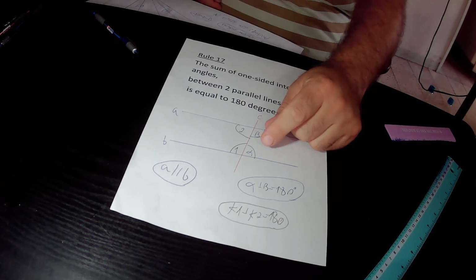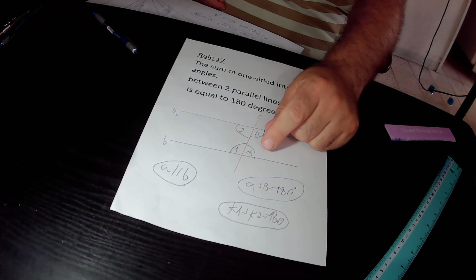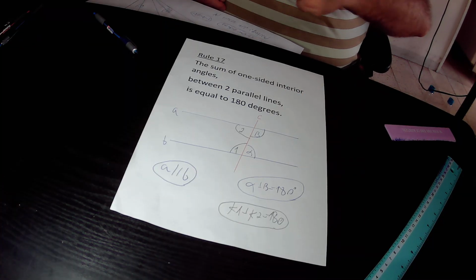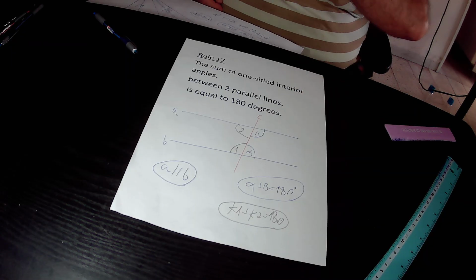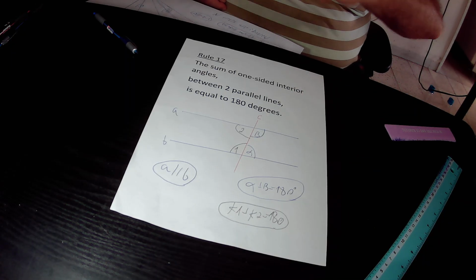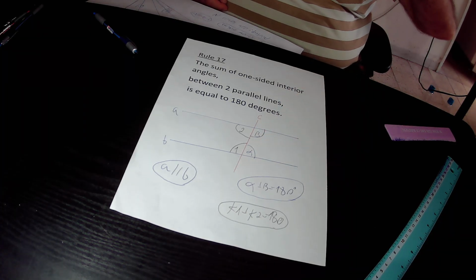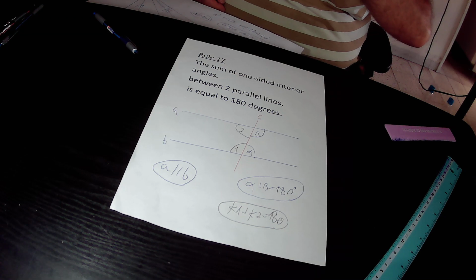So in total, alpha and beta are defined as one-sided interior angles. And according to rule 17, the sum of 2 one-sided interior angles is equal to 180 degrees. That is to say, angle alpha plus angle beta is equal to 180 degrees.